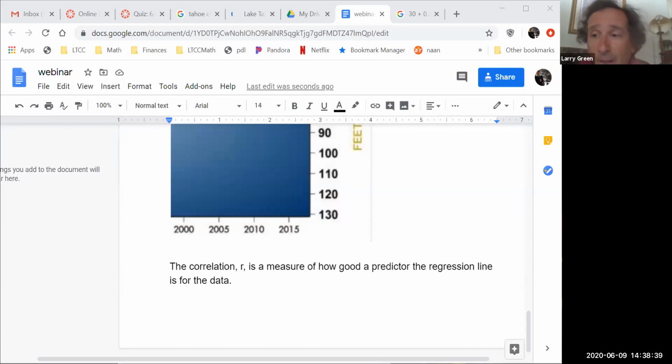Let me give you an example of R is 1 for data. Let's suppose I asked you, what is your height in inches? We're going to call that X. And what is your height in centimeters? Let's call that Y. Why is R 1 in this case?